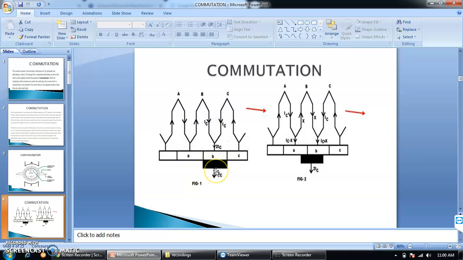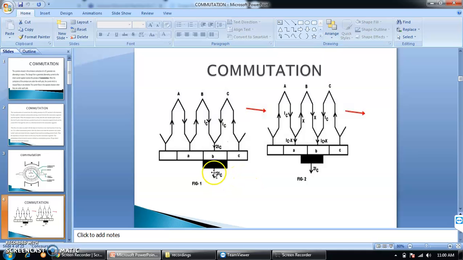This carbon brush is collecting current from consecutive commutator segments. Now suppose this carbon brush is collecting current equal to 2IC, or suppose 40 ampere. You can consider any value.